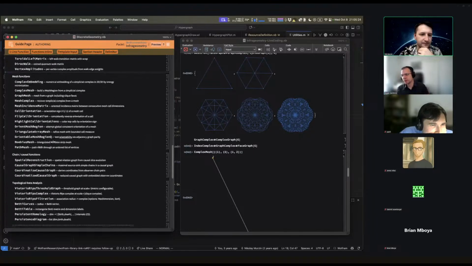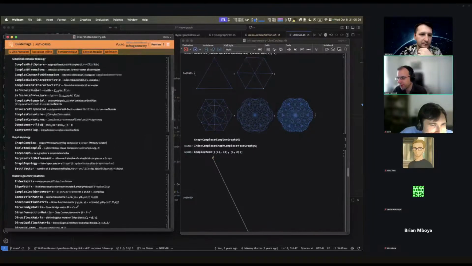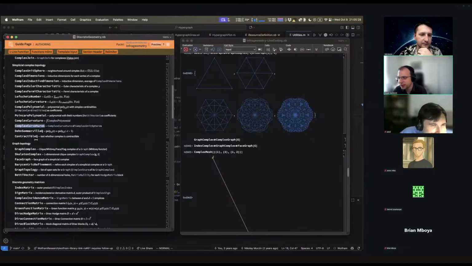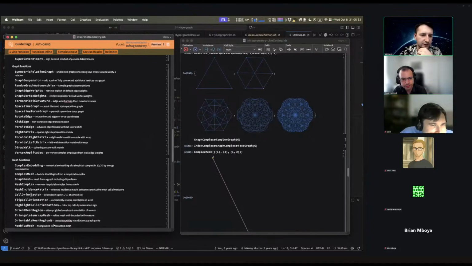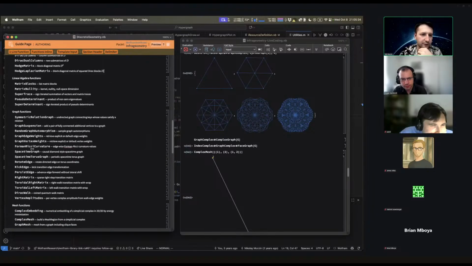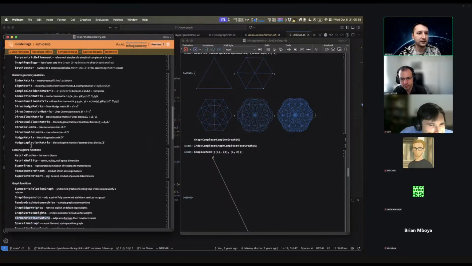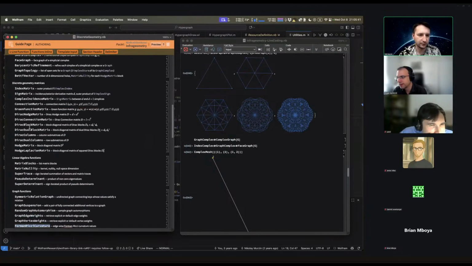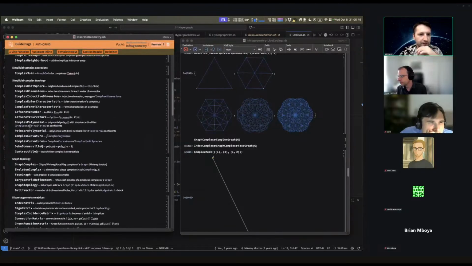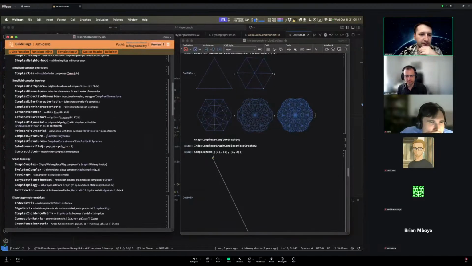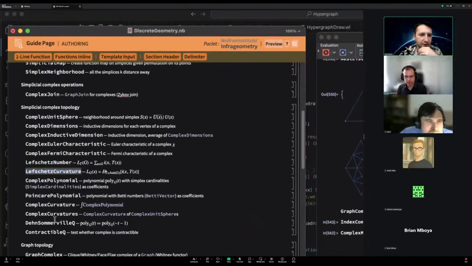There's a curvature defined for graphs already by Forman Ricci, I think. Like this Forman Ricci, I think it's the first thing you find for the curvature on graphs in the literature. So I haven't looked into it myself too much, just defined it. But I have ones specific to complexes like this curvature and this curvature.